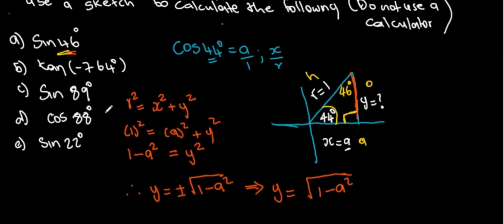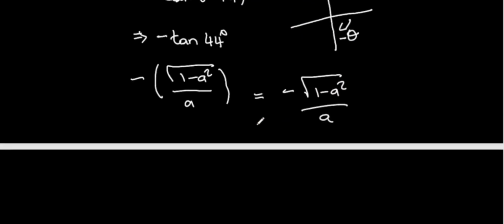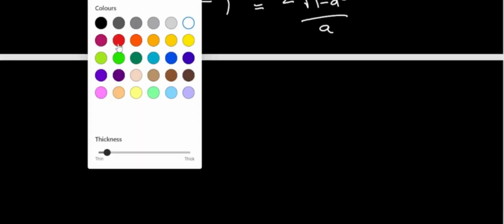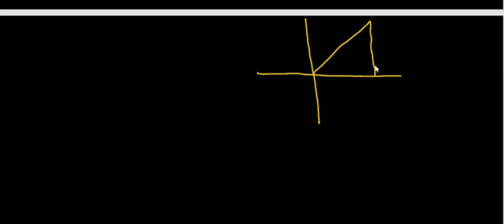Question number 3. We need to find the sine of 89 degrees. Sine of 89. And remember, we are still using the same triangle, so we need to bring it down, and then we can just refer from this diagram. Let's bring the diagram down here. This is what we have.